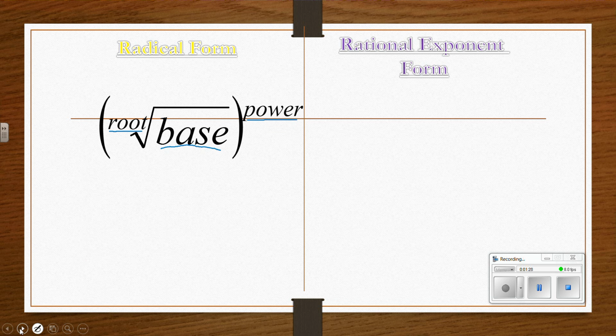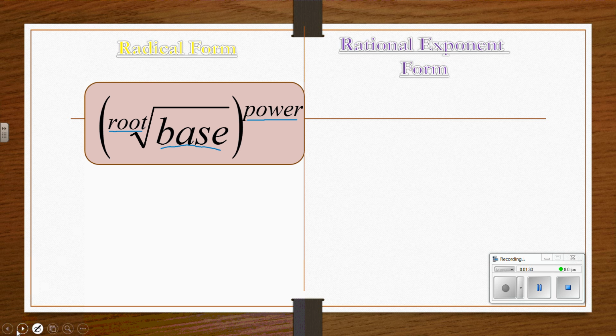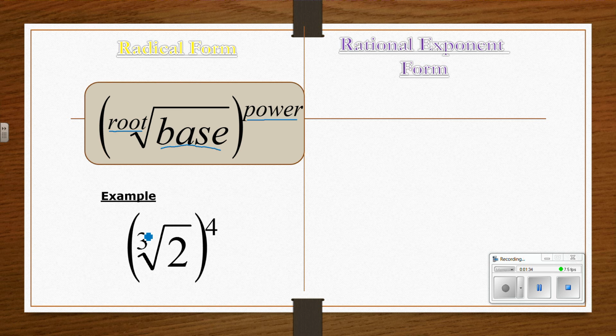For example, that might look like the cubed root, or the third root, of 2 raised to the power of 4. So 3 is the root, 2 is the base, and 4 is the power.